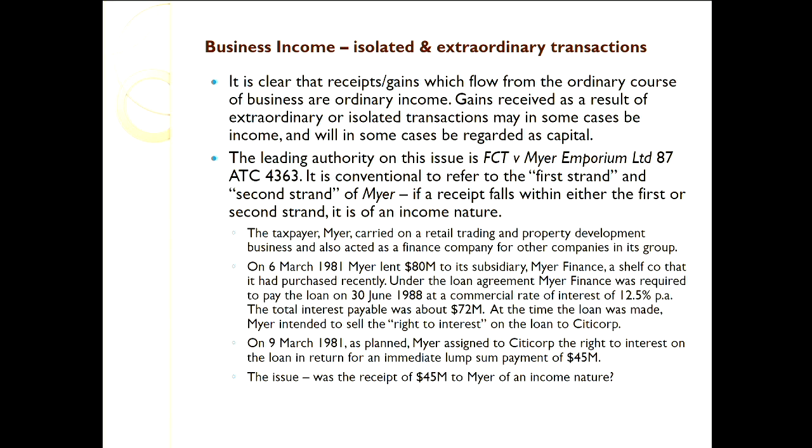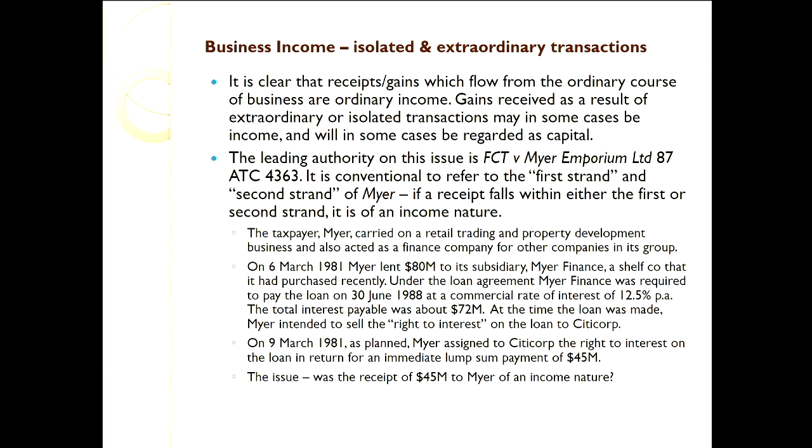How is it going to get that? That's why it has entered into this agreement with its subsidiary, to create a right of interest under that agreement, and then it's selling that right of interest to the finance company Citicorp, and Citicorp is paying Maya instantly $45 million.